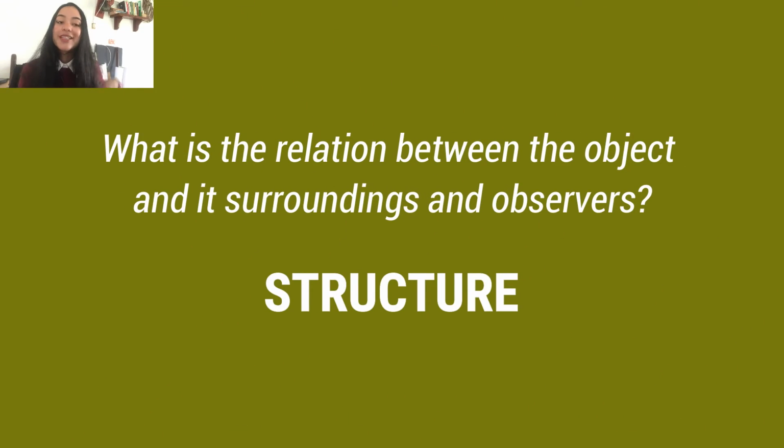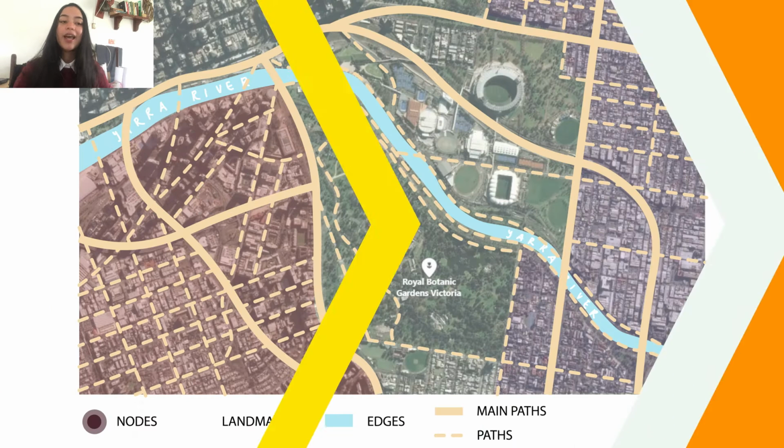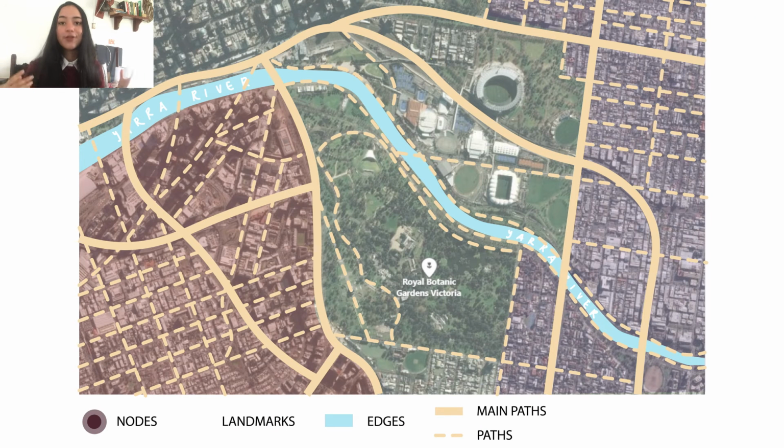Analyzing the structure. What is the relation between the object and its surroundings and observers? So, first thing, we identify the paths related to the garden and how it connects to the city. We can see that the garden is like a transition between the south of Melbourne, which is the red one, and the east of Melbourne, which is the purple one.